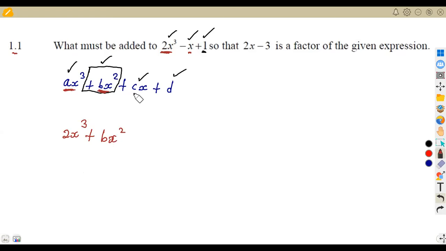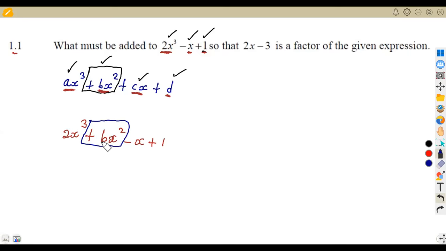The part of cx, where there is x here, we have minus x. D, a constant, we have our constant here, which is 1. So that is how our expression was supposed to be like. The part that is supposed to be added is this part, which is supposed to be part of our cubic expression.